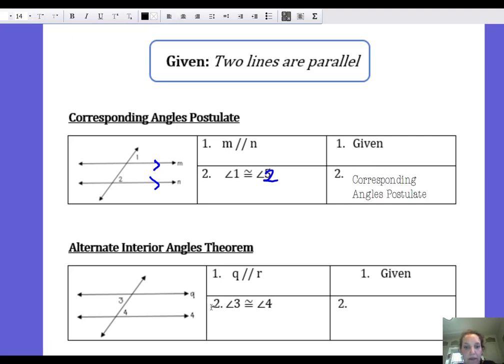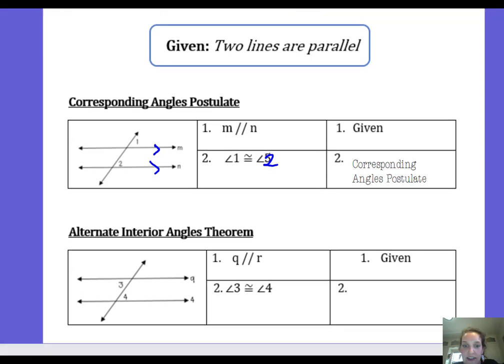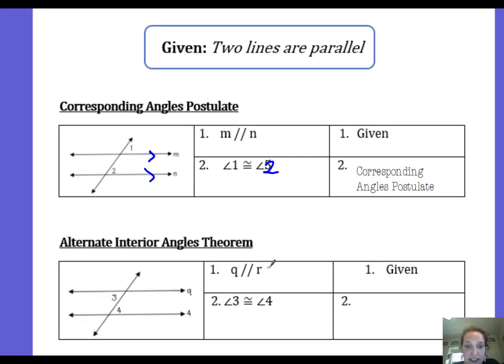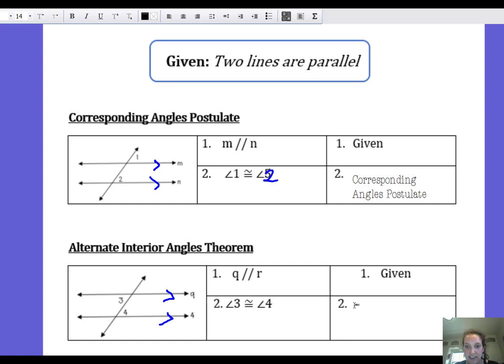Okay, next scenario. We are telling you in the given line Q is parallel to line R. So these lines are parallel. What's the relationship between angle 3 and angle 4? Well, angle 3 and angle 4 are alternate interior angles. Because we know those lines are parallel, we know those alternate interior angles have to be congruent by the alternate interior angles theorem.